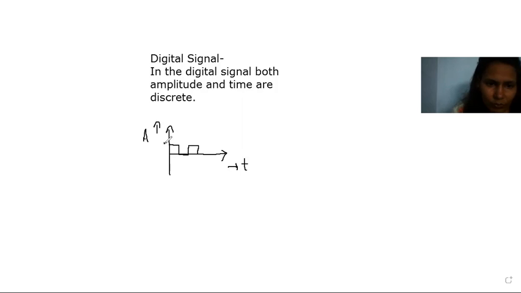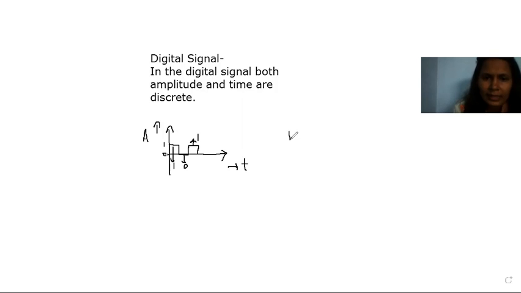It represents 1 and it is 0. It represents 1, it represents 0. Again, it will represent 1.